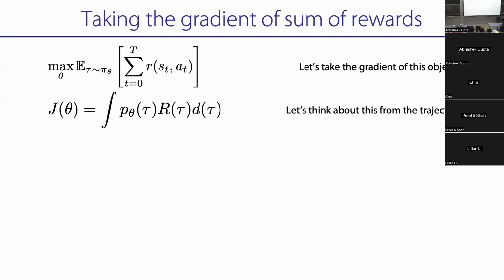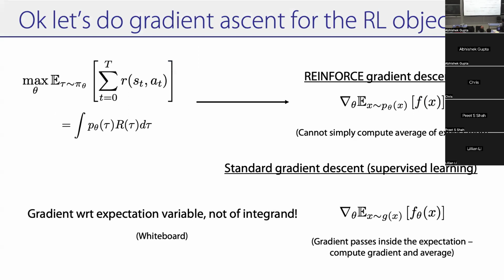The trajectory depends on theta because the actions that you sample are determined by your policy, so theta determines your whole trajectory. The likelihood of the trajectory is critically dependent on theta. It's the same thing we talked about in the last slide: p theta tau and r tau, integrated over tau.